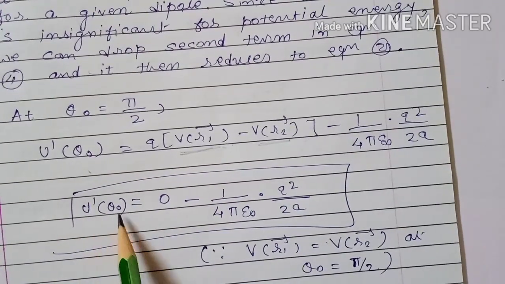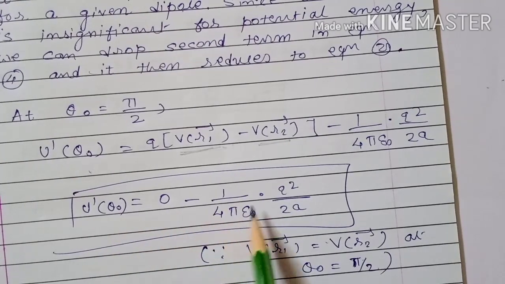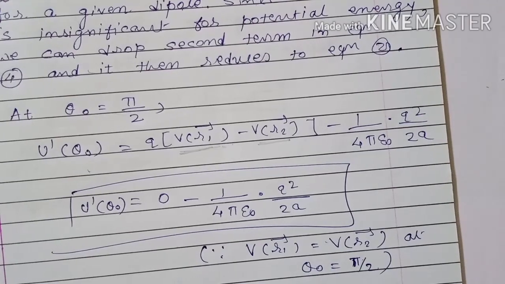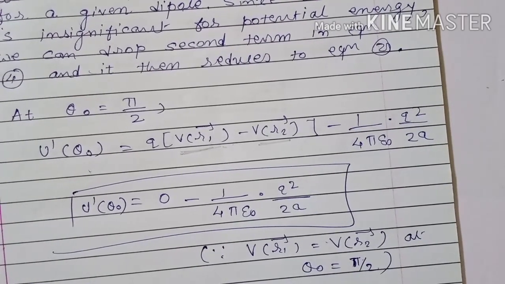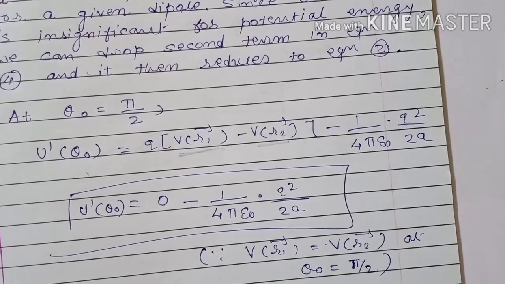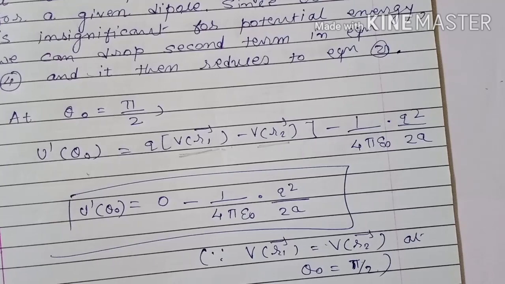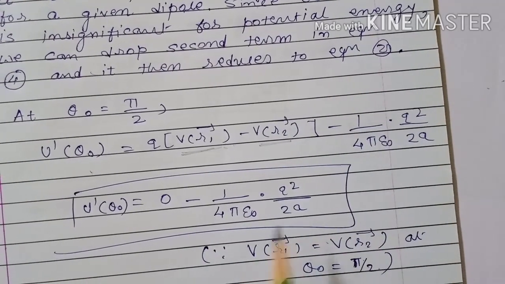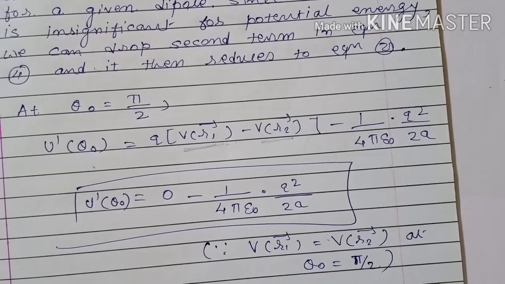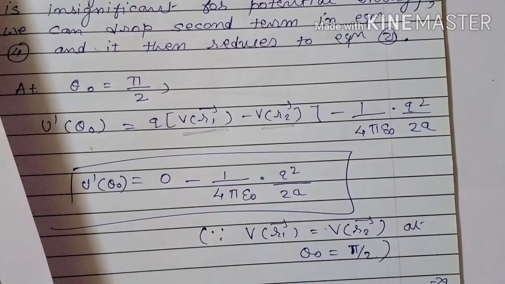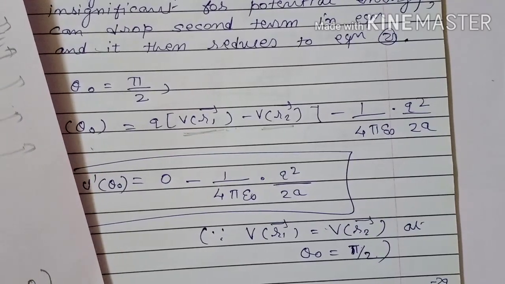So we can write u dash theta naught is equal to 0 minus 1 upon 4 pi epsilon naught into q square upon 2a. This is possible at this angle only. That is why we have considered potential energy at an angle pi by 2 as 0, because at this angle potential is same. That was the reason. Only because of that we have taken potential energy at pi by 2 as 0.